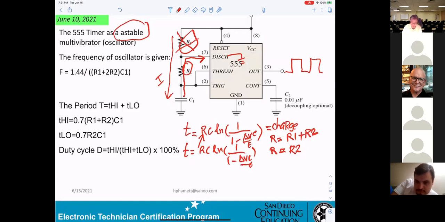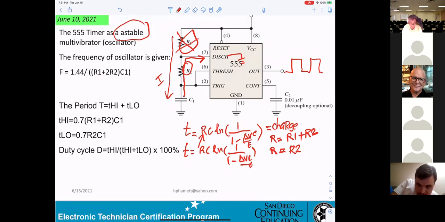Okay, so that's why they keep generating the square wave coming out. And basically, T high or T low depends on R1, R2, and C1.